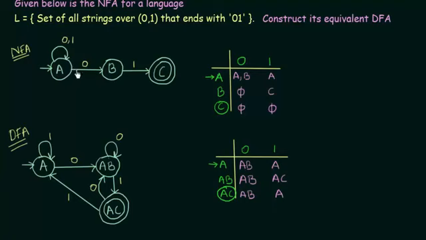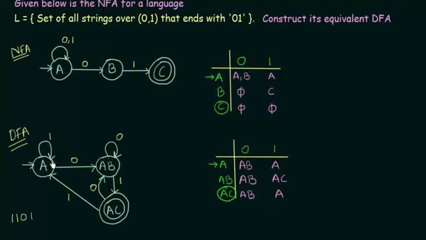What was the task of this NFA? It accepts the set of all strings over 0, 1 that end with 01. When it ends with 01, it's accepted. Now let's see if this DFA also does the same thing. Let's check some strings. Let us check the string 1, 1, 0, 1.